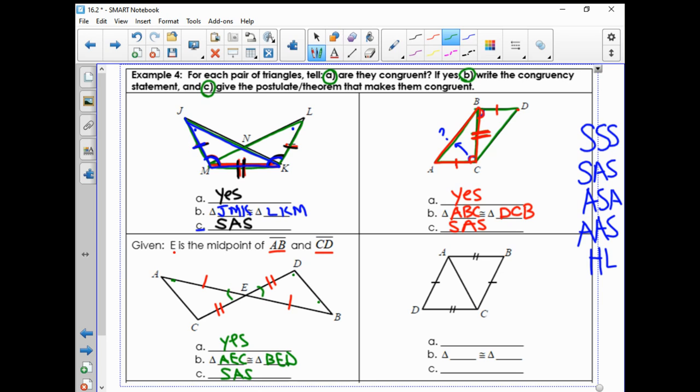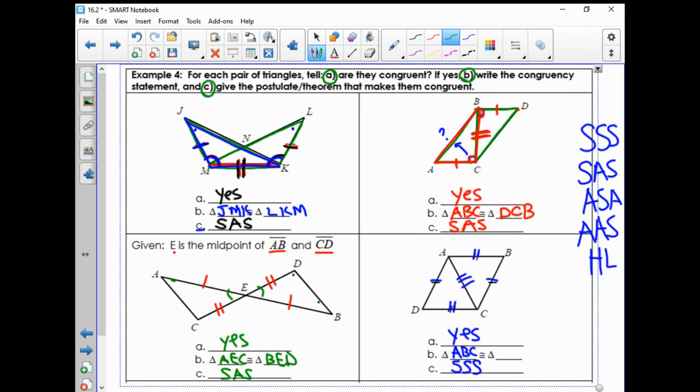All right, last one on these examples. We've got two triangles. Notice a side is congruent to a side, and another side is congruent to another side. And look at that middle line, the reflexive property says it is also congruent to itself. So by the side, side, side triangle congruence theorem, yes, these are congruent. Let's call one of them ABC.